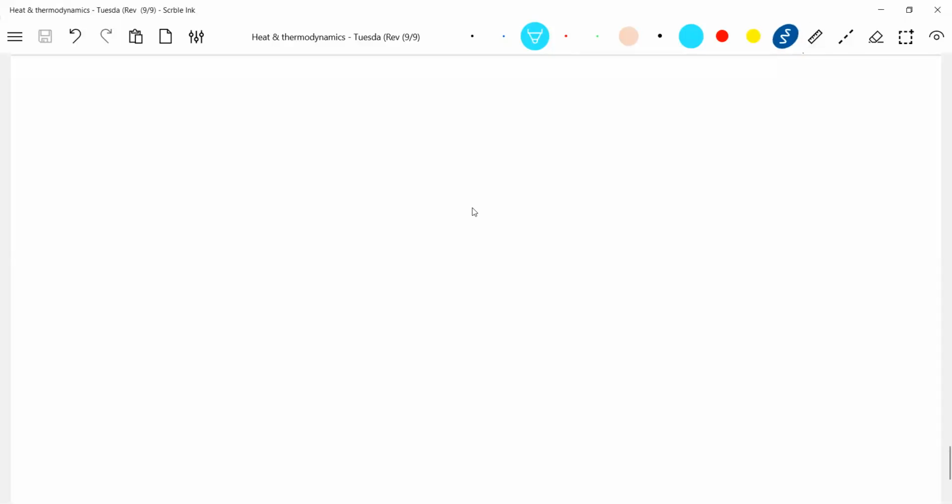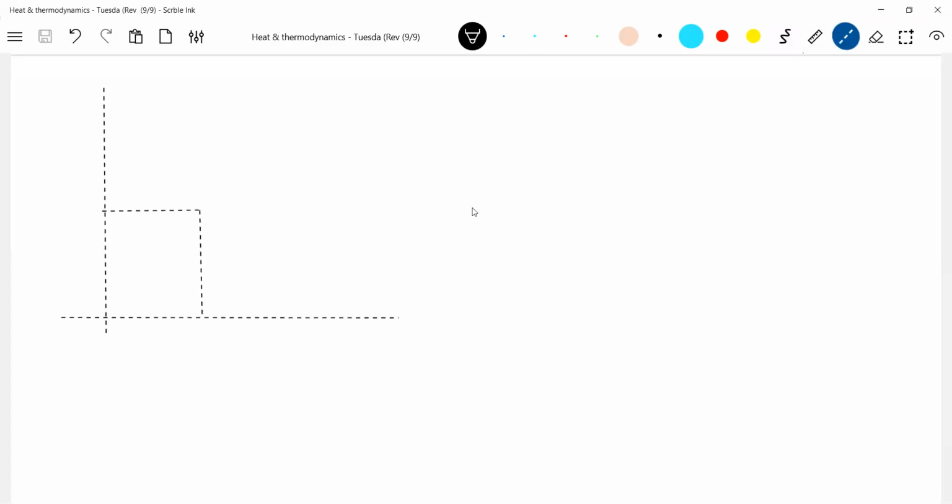The density versus pressure graph. Straight line passing through the origin it is.